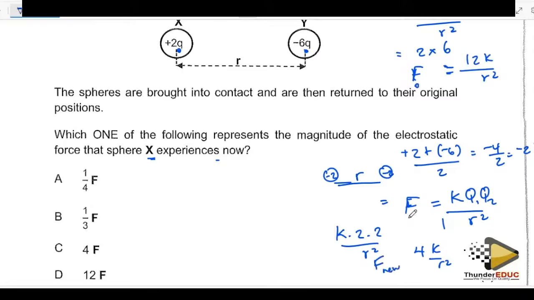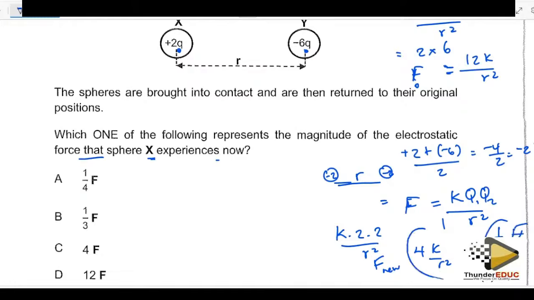This is the original. So which one of the following represents the magnitude of the electrostatic force right now? When you divide 12 by 4, or when you divide this force by this force, it's going to be 3 times smaller, which means it's 1/3 of the original force.